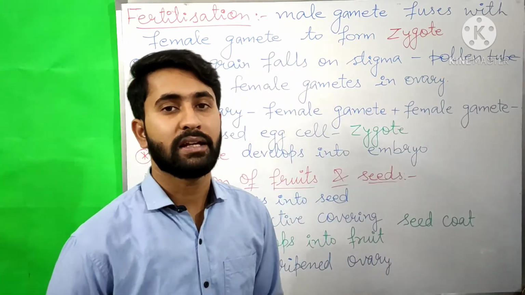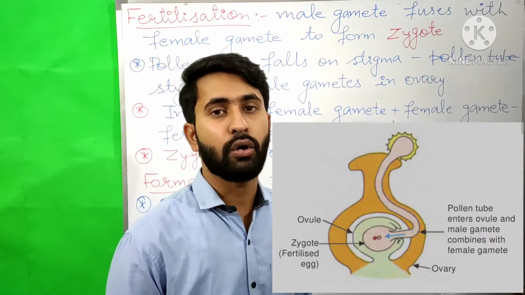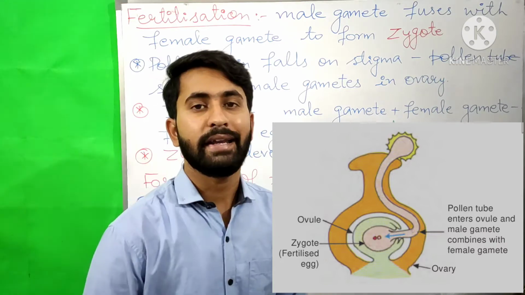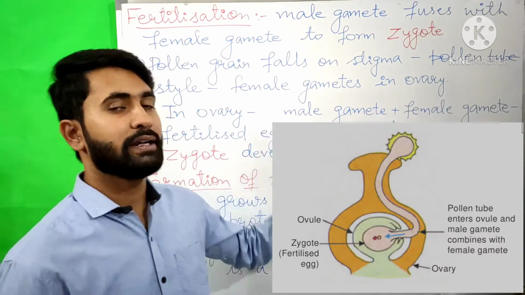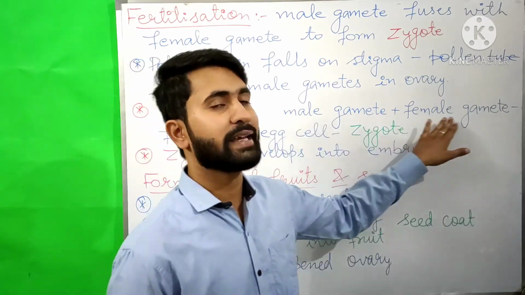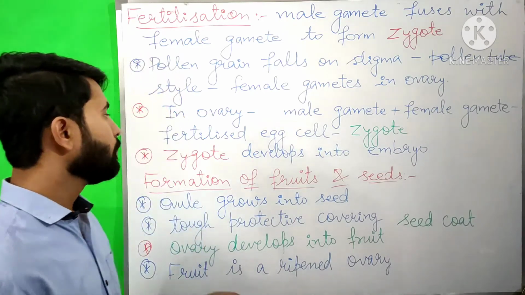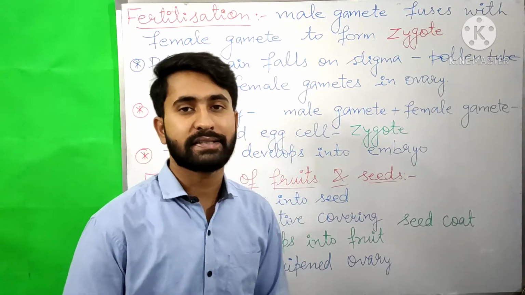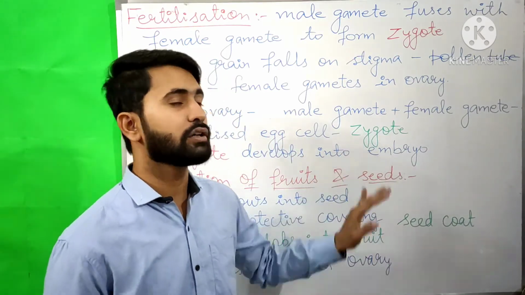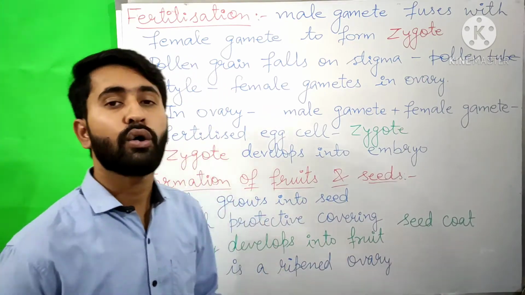A male gamete moves down the pollen tube and enters the ovule in the ovary. In the ovary, the male gamete combines with the female gamete that is present in the ovule to form a fertilized egg cell that is called zygote. So the formation of zygote takes place in the ovary.